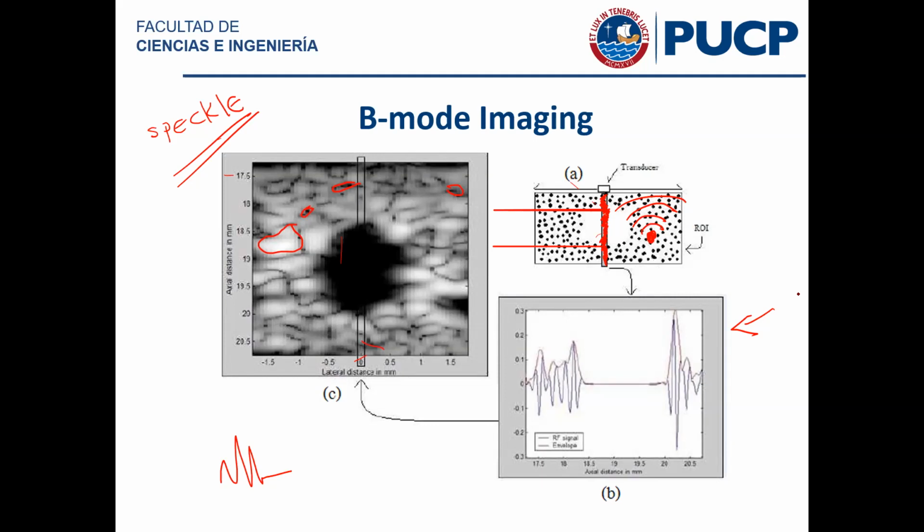You can have a strong reflection or a weak reflection, but in both cases you have portions that have very low values, the points of the oscillation where the voltage goes near zero. If you display that linearly, it's not very intuitive to look at. It's much more intuitive with the envelope, because you have regions where the echoes are strong and those have large amplitudes, and when echoes are weak, you have very low amplitudes, but not because the signal is oscillating.